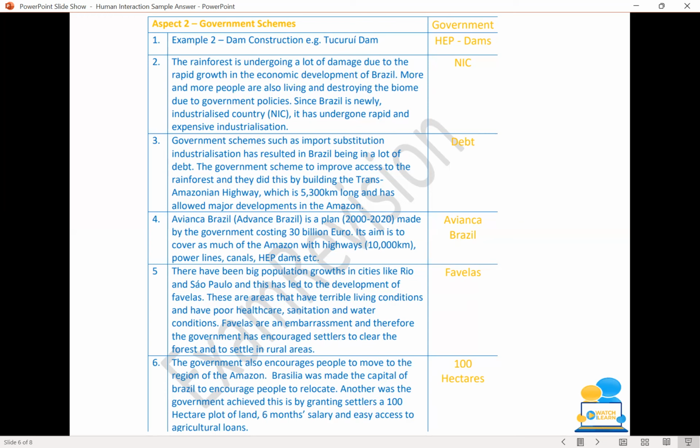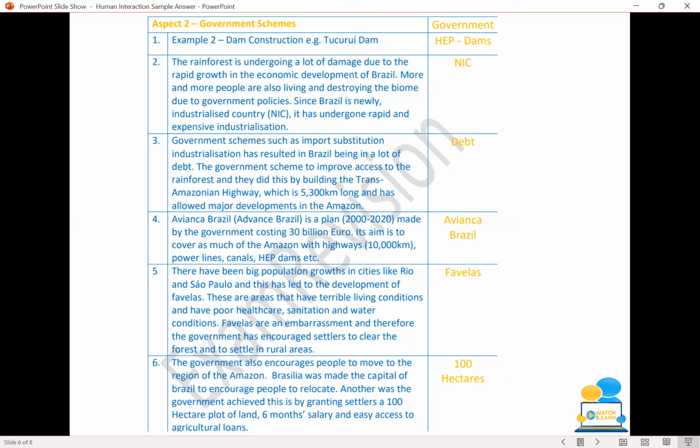So the government has basically been encouraging people to leave the cities, leave the favelas, basically giving them plots of rainforest land and encouraging them then to cut it down, often through slash and burn techniques where you just cut down trees and burn whatever is left in order for them to clear land for maybe cattle ranching and stuff like that. So again, as you can see, the government is causing issues themselves.